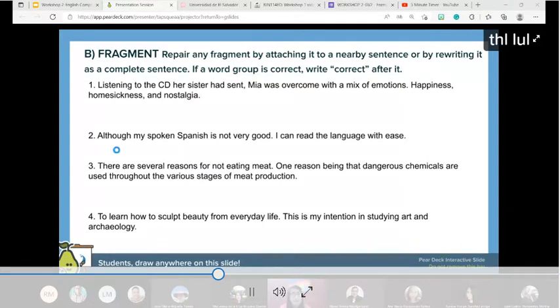And if you want, I can give you additional help in the chat with this group of sentences. I will paste them in the chat so it will be easier for all of you to just copy and paste the sentence.